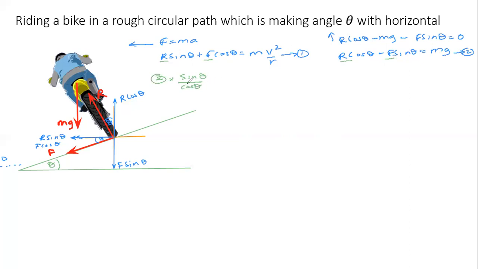Taking equation number 2 and multiplying with this, R cos theta divided by cos theta cancels off, so we get R sin theta. And then minus f sin theta multiplied by sin theta, sin squared theta, divided by cos theta, equals mg sin theta divided by cos theta.